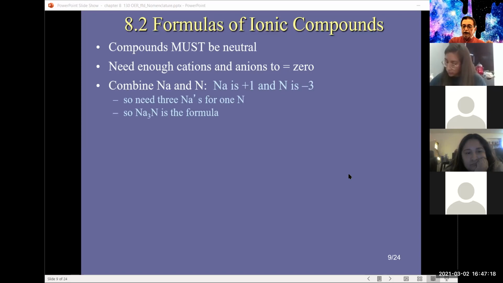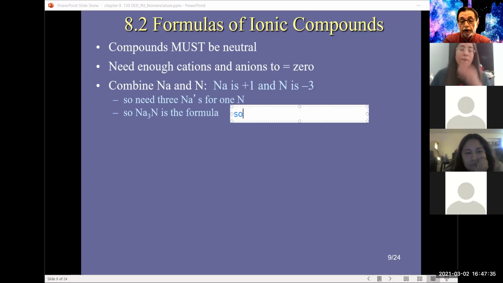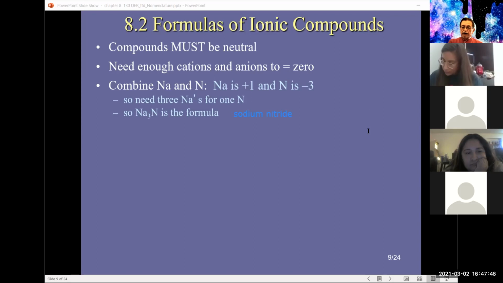And so now I have Na subscript 3 N, or in this case, nitride, because we're dealing with the ion. Now I'm going to add the name to that. In this case, it's simply sodium, again, because the metal name doesn't change. Nitrogen became nitride. So the name here is sodium nitride for that formula of Na3N.